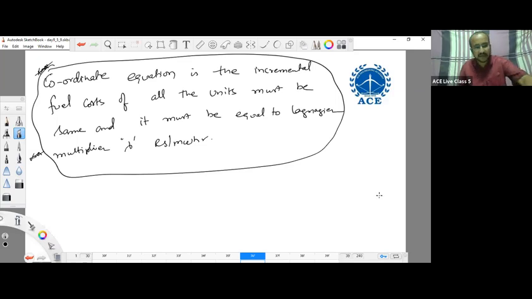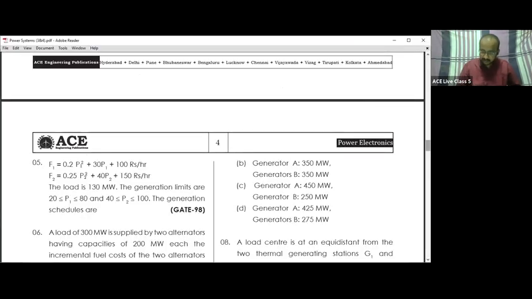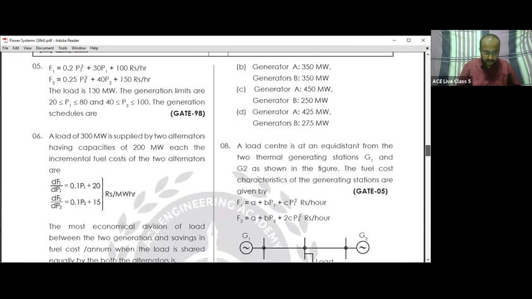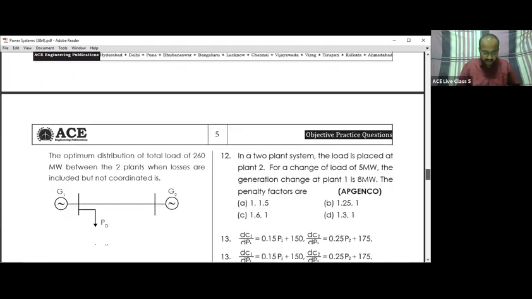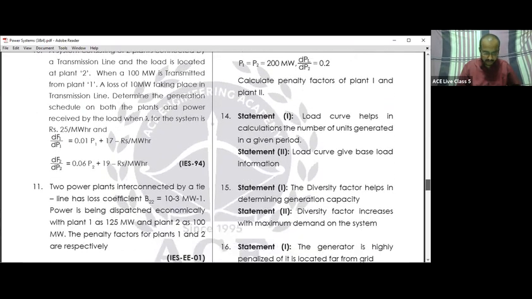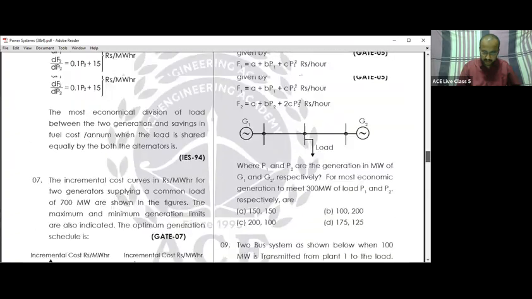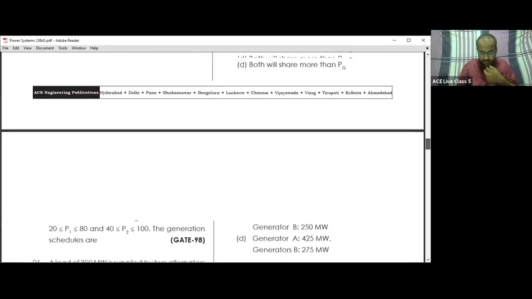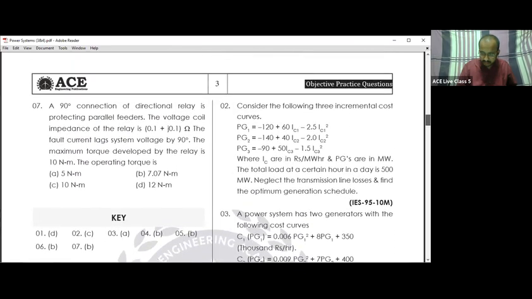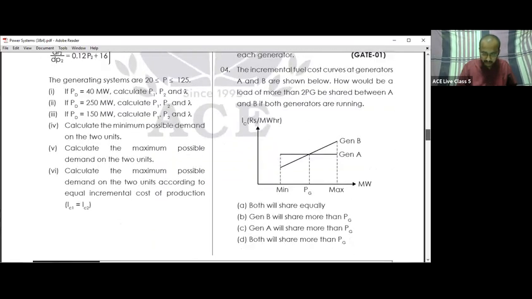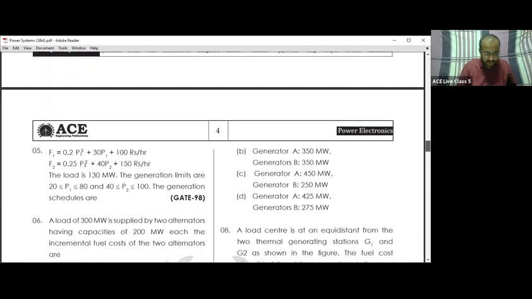Now let us solve one problem so that you will get the idea about economic operation. Let us solve problem number 5.